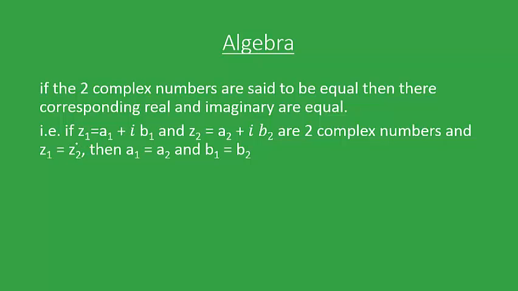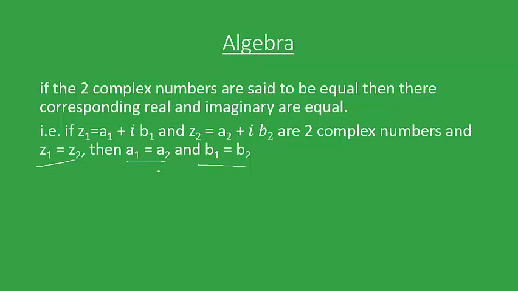Let's say there are two complex numbers, z1 which is equal to a1 plus iota b1, and z2 which is equal to a2 plus iota b2, and let's say they are equal. Then it implies simply that the corresponding real part and the imaginary part are equal. That is to say that the real parts, a1 and a2, are equal, and correspondingly the imaginary parts, b1 and b2, are also equal.